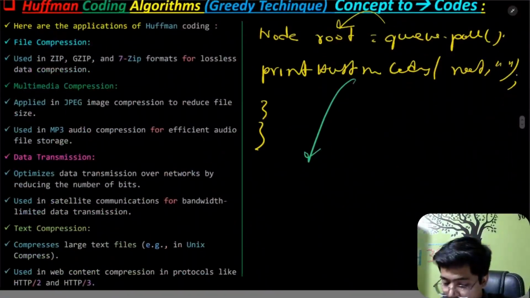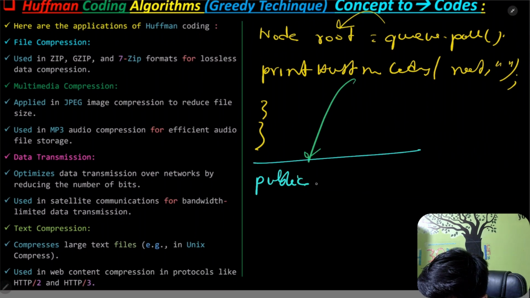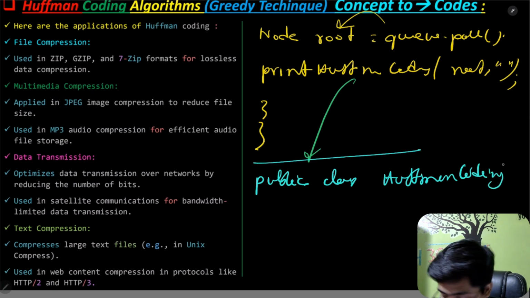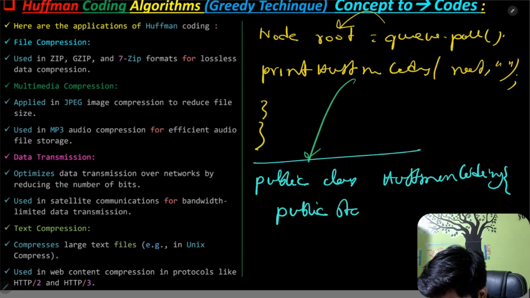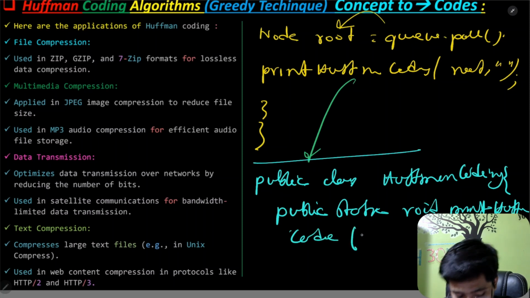So let's write the code. Public class HuffmanCoding. Public static void printHuffmanCodes.